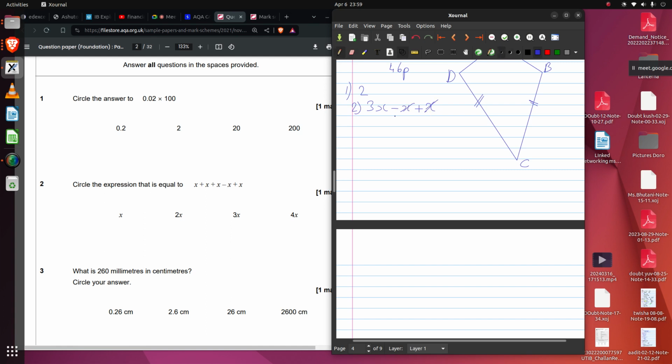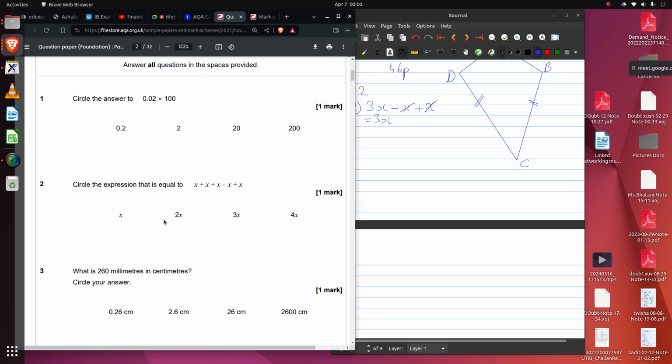So x and x cancel. So 3x. Okay, yeah, that should be the answer. And finally, the last one. Which is 26 centimeters. Yeah. That's it.